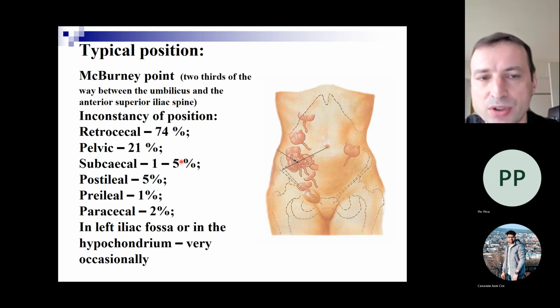But the position of the appendix may be inconstant, with very different locations. It may be retrocecal, retroperitoneal, behind the cecum, pelvic, subcecal, post-ileal and pre-ileal, paracecal, even in the left iliac fossa.